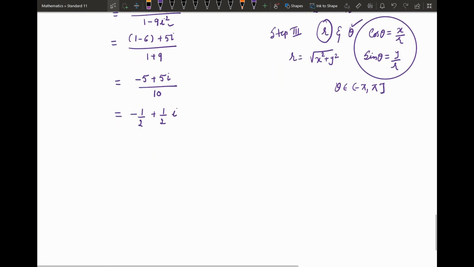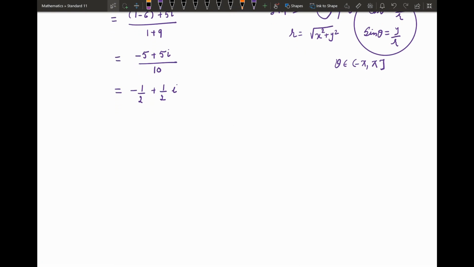Now we compare it with the x plus iy form. So x equal to minus 1 half, y equal to 1 half. So r equal to under root x square plus y square, this is the modulus, so under root 1 by 4 plus 1 by 4.